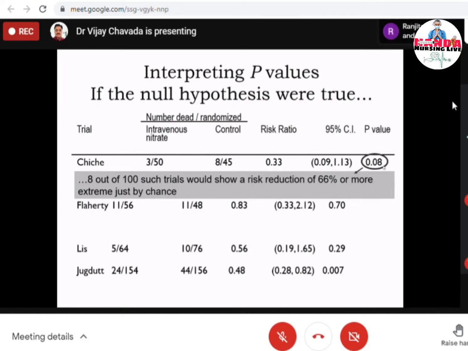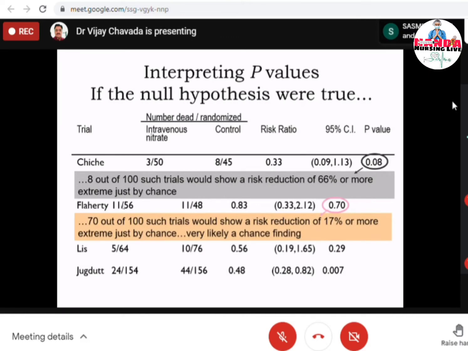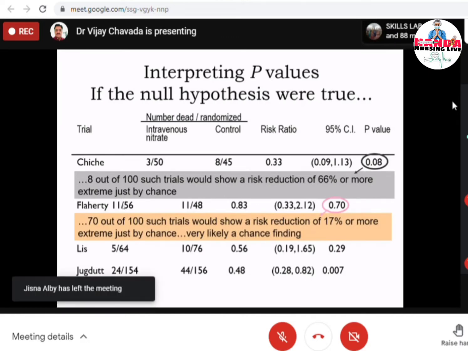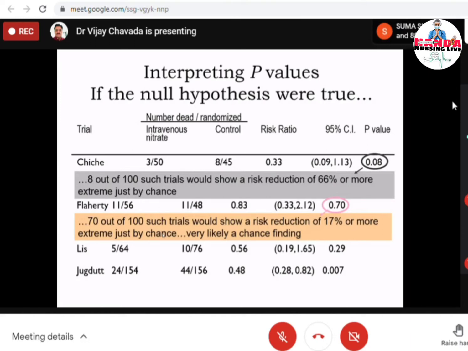Here 8 out of 100 is estimated from the p-value. The p-value here is 0.08. Right? Secondly, 70 out of 100 such trials would show a risk reduction of 17% or more extreme by just a very likely chance finding.